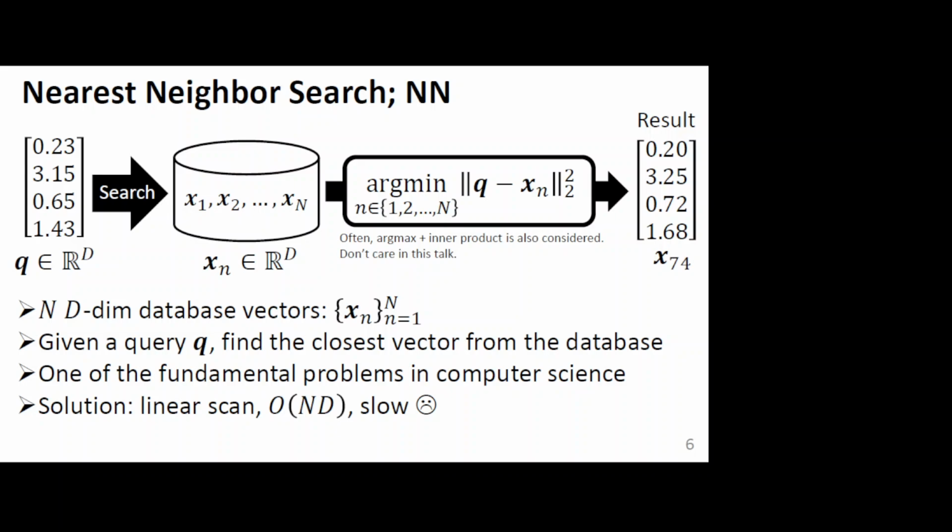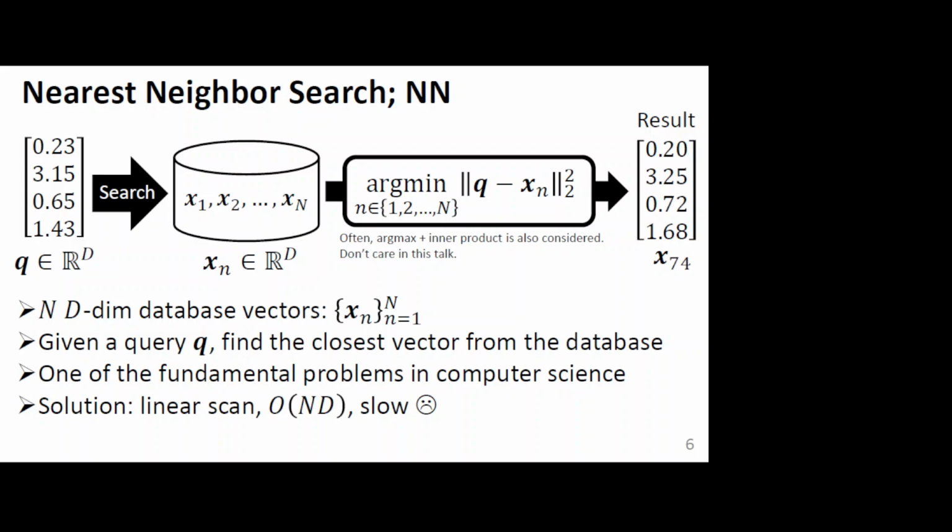For example, x74 has the smallest Euclidean distance to the query. This is what nearest neighbor search wants to do.